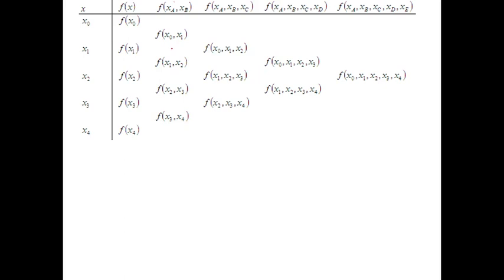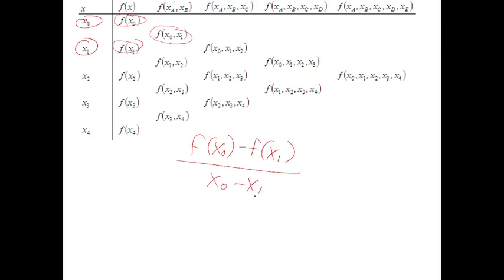Okay, so we consider that, and in considering that, to get f of x0 x1, it's simply f of x0 minus f of x1 over x0 minus x1. That's it. Then we get it.